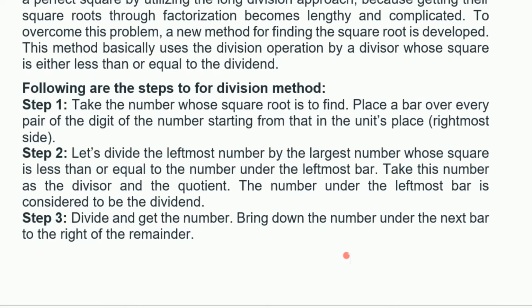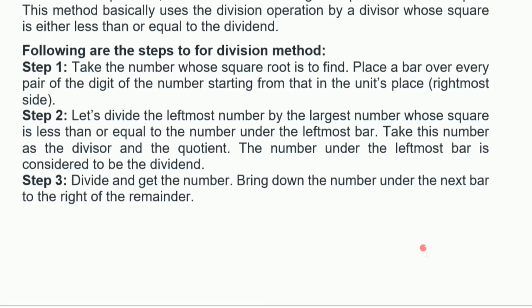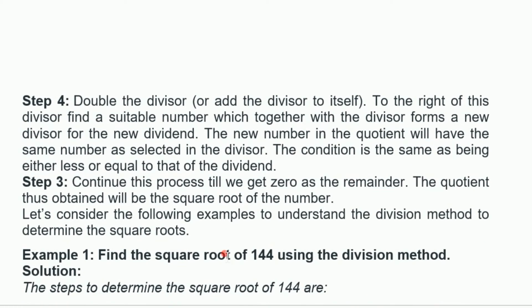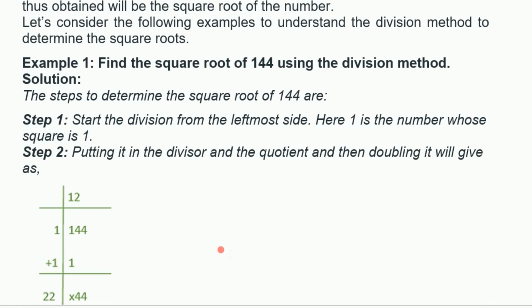Divide, and bring down the number under the next bar to the right of the remainder. Then double the divisor, and to the right of this divisor find a suitable number which together with the divisor forms a new divisor for the new dividend. We will see one example, by which you will understand this process.